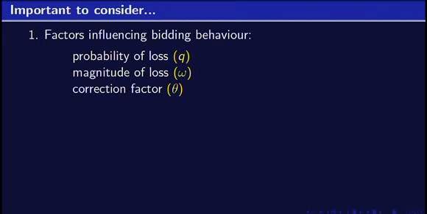Therefore, it's important to consider these three factors as we've seen. Probability of loss, what's your chance of loss? It's very important, especially for any particular program, because if you don't consider these and we assume that there's no risk at all, then there will be a problem with the program as it runs along. And then also the magnitude of loss, assuming you have a chance of losing $10 versus a chance of losing $1,000.